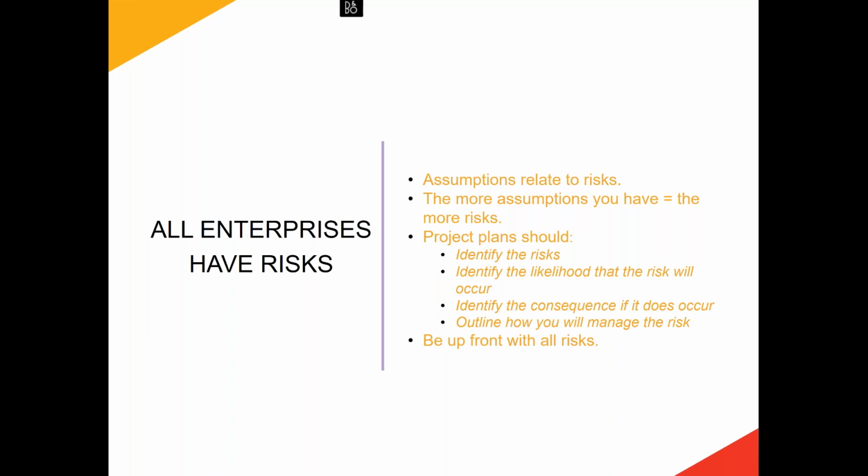So within the project plans, we suggest that you really think about what those risks are. Identify them, identify the likelihood that they're going to occur, the consequence if they occur, and how you're going to manage that risk. If you have a look online, there's a number of different tables or formats that you can use if you want to put them in that, or you just list them out. There's a template there. I applaud that. Yeah, that's great.